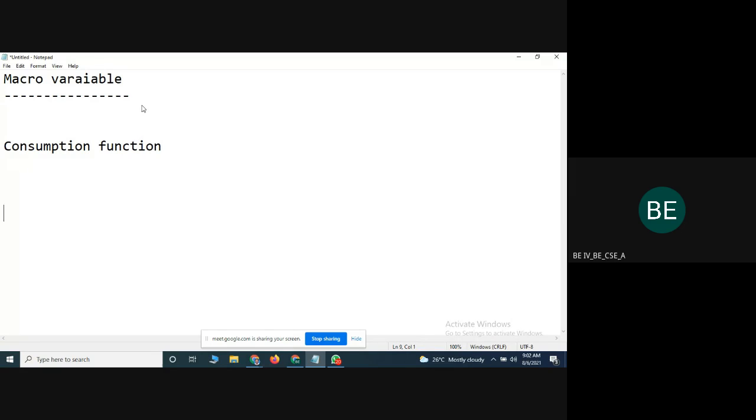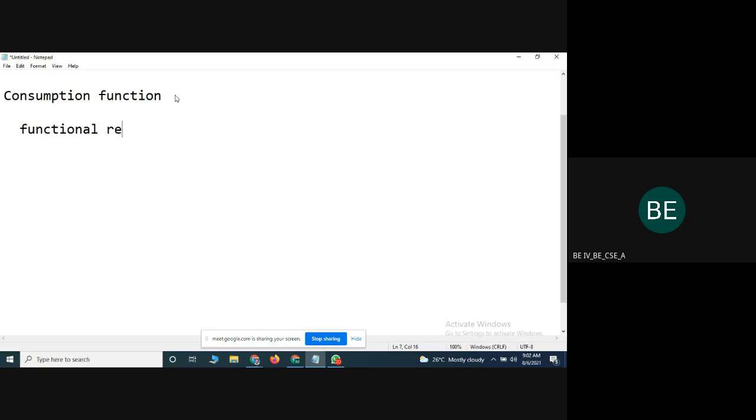First, I'm going to define what a consumption function is. The consumption function is a functional relationship between consumption and income.